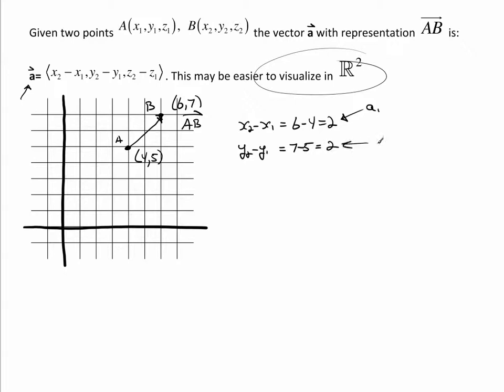And this is what I'm thinking of as A2. So vector A is going to be equal to (2, 2), which is right here. So this is vector A. Vector A is a position vector for the point (2, 2), which has representation AB, which goes from (4, 5) to (6, 7). So these two vectors are in fact equivalent.